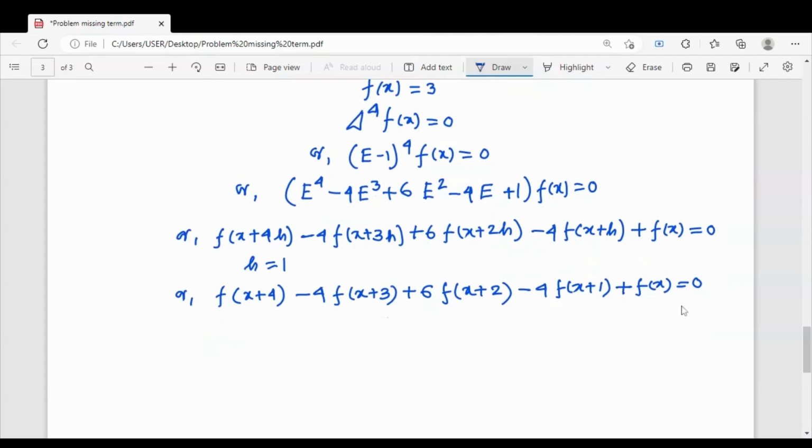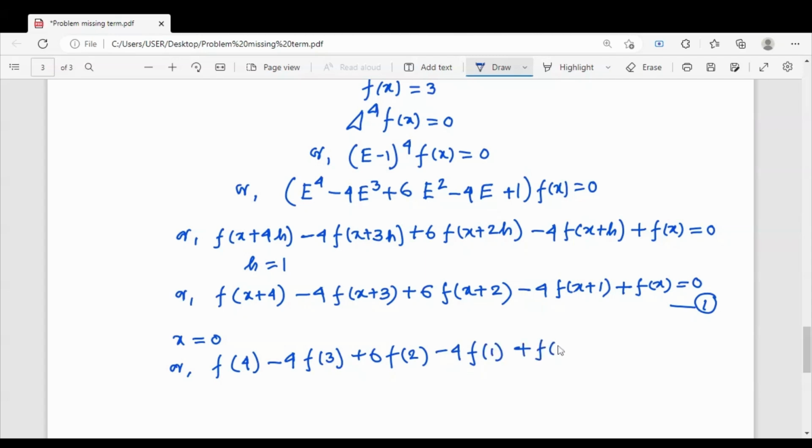Consider this is the relation number 1, so if you put x equal to 0 in relation number 1, this relation becomes f(4) minus 4 f(3) plus 6 f(2) minus 4 f(1) plus f(0) equal to 0.